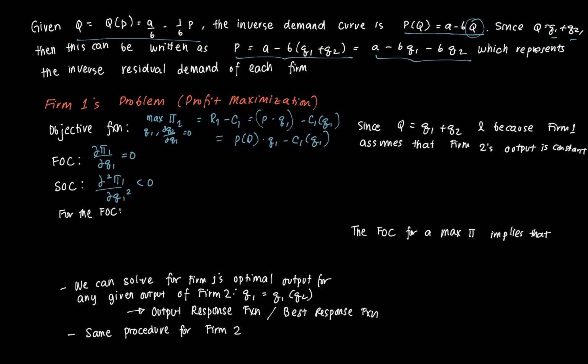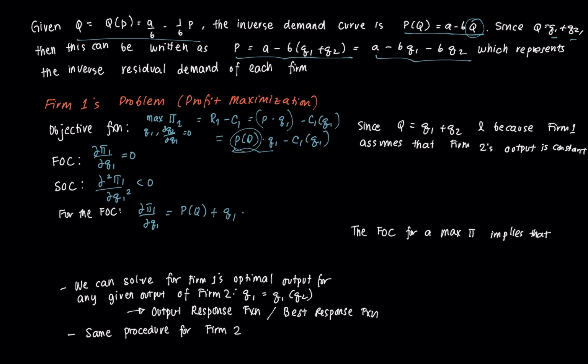So for the FOC, let's derive profit 1 with respect to Q1. We're going to get, by a simple product rule, P times Q1, plus Q1 times the derivative of P(Q). If you notice, if we take the derivative of P(Q) with respect to Q1, we need to do a chain rule.